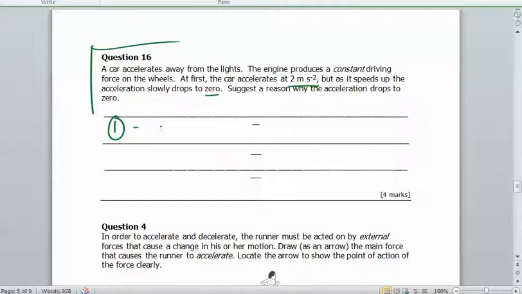As you increase your speed, acceleration decreases, and the air resistance is also increasing.